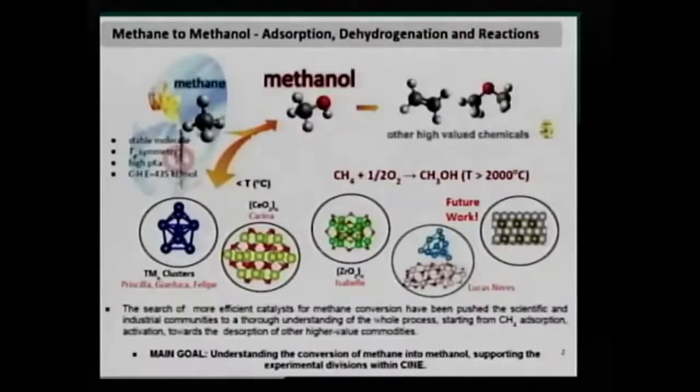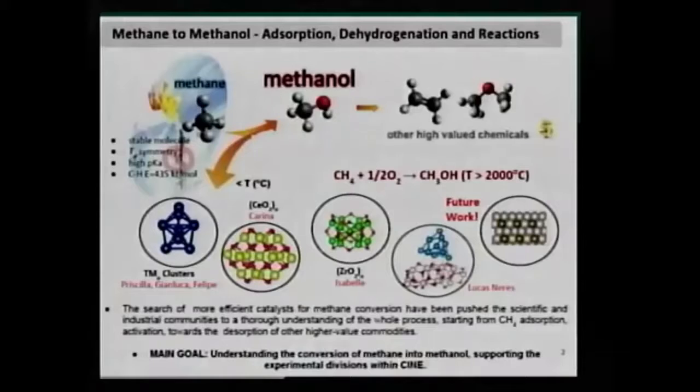So our team has been focused on this type of reactions in the conversion of methane to methanol. However, this is a great challenge because of the stability of this molecule: it has a Td symmetry and high pKa, so the activation of methane towards other products depends on the abstraction of this first proton.